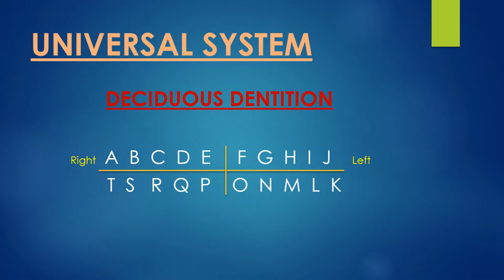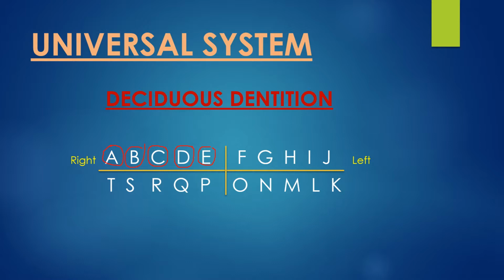As we can see in this formula, A denotes upper right second molar, B denotes upper right first molar, C represents upper right canine, D represents upper right lateral incisor and E represents upper right central incisor.